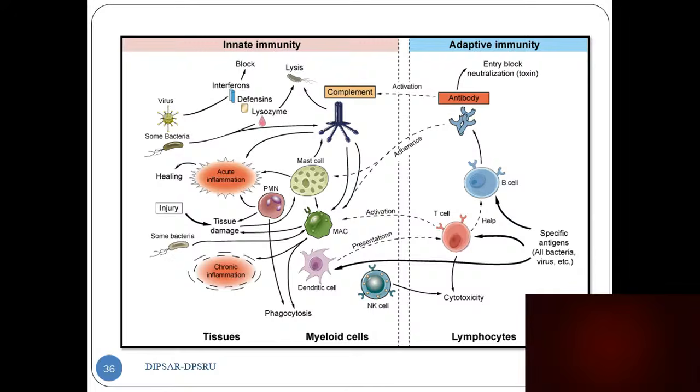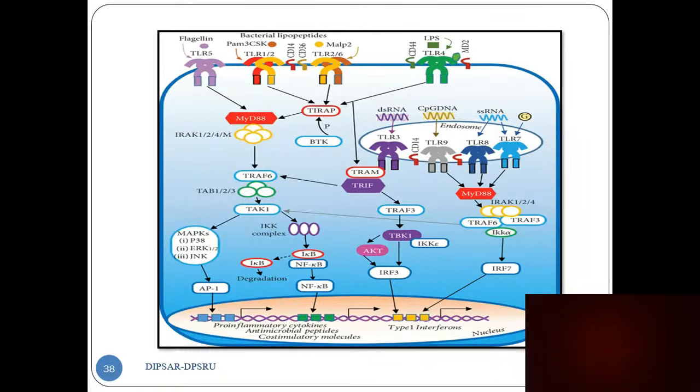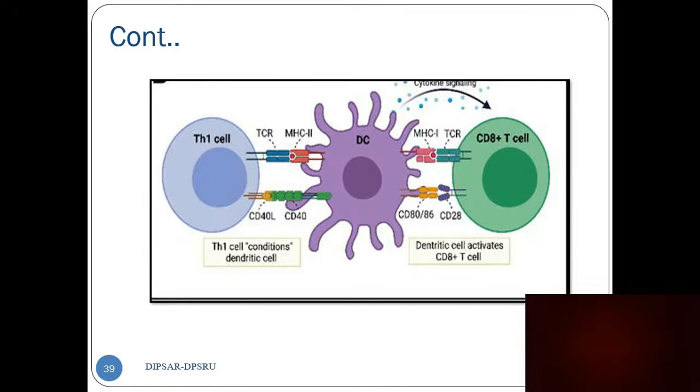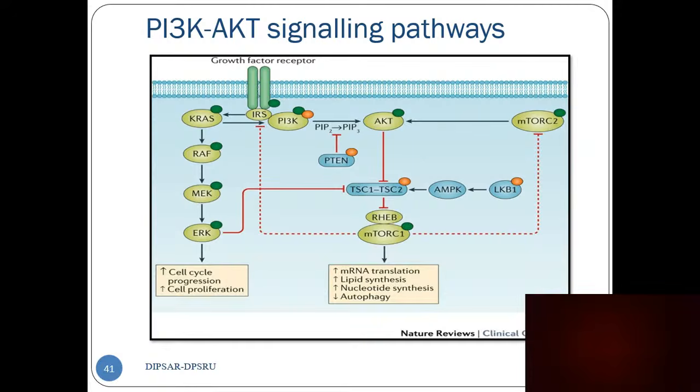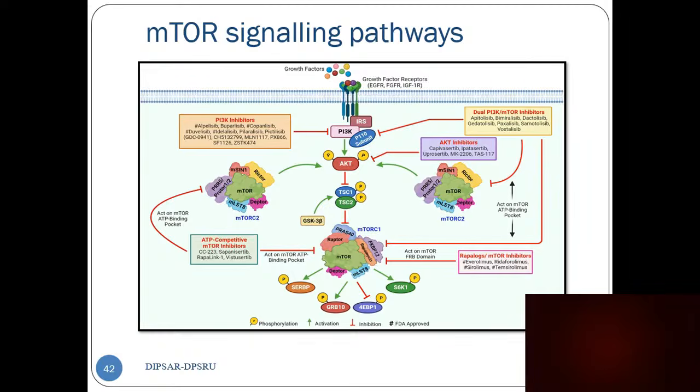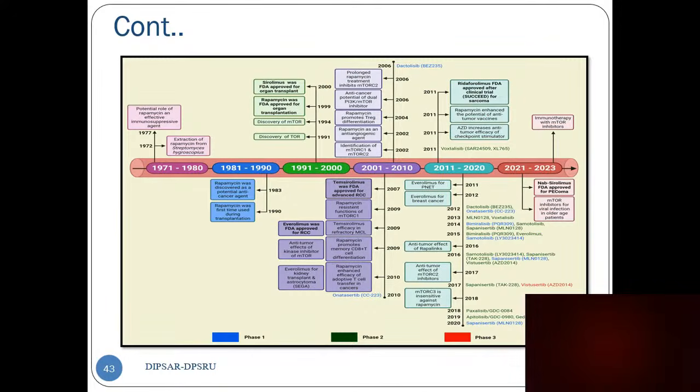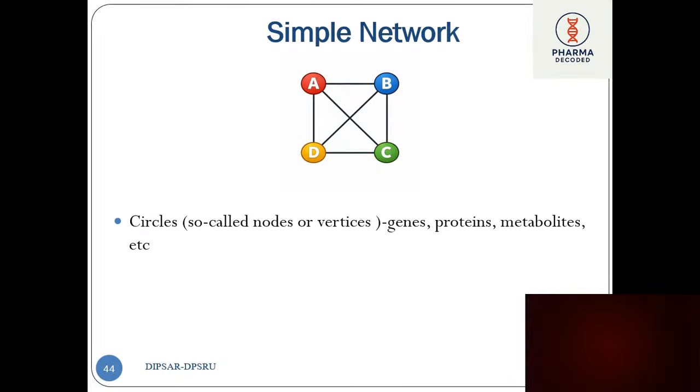The immune system is altered in various diseases, not in a single disease. So all these pathways, the JAK-STAT signaling pathway, PI3K-AKT. Just Google it and you will find that PI3K-AKT is a signaling pathway involved in multiple diseases, right? Also the mTOR signaling pathway, and you should understand it. And as I told you yesterday as well, try to correlate your findings with clinical data. This I have already explained.